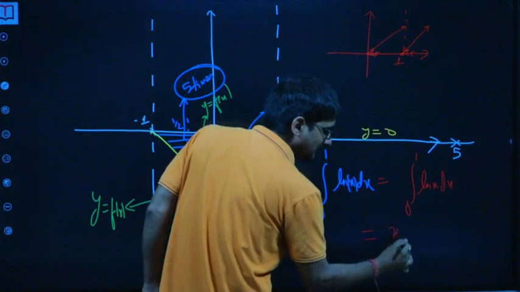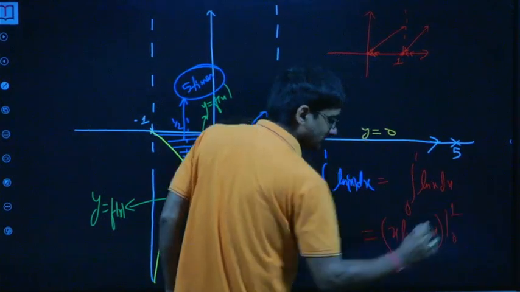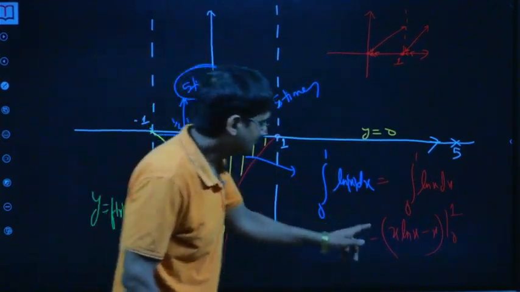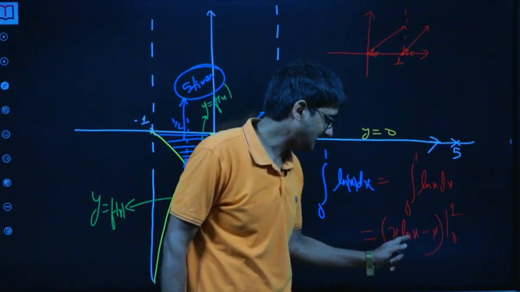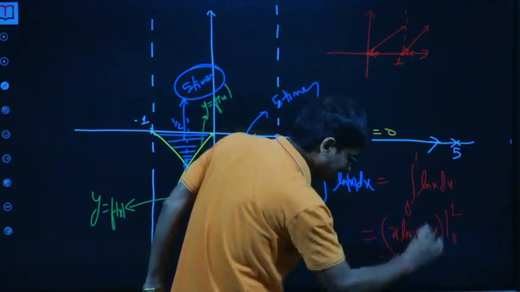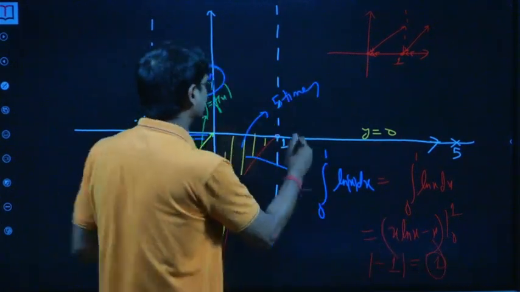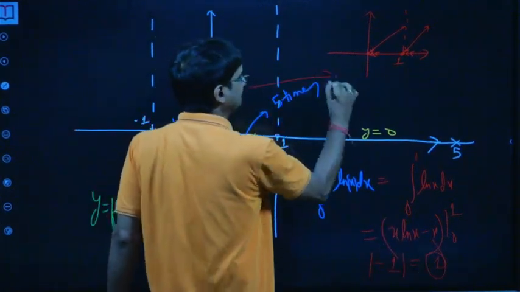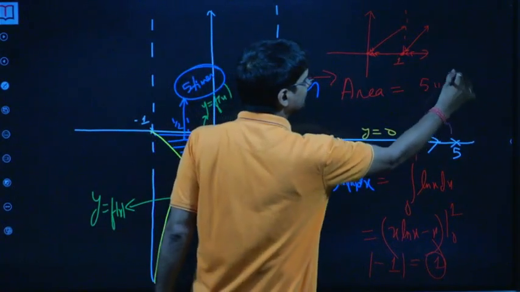The integral of ln x is x ln x minus x, from 0 to 1. When you put it in, 1 ln 1 is 0, so gone, minus 1, and then at 0 everything is 0, and since it's area, it's 1, 5 times of it. So the area on the right side of the y-axis is 5 units.